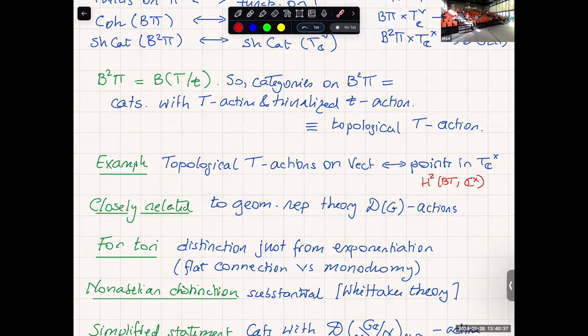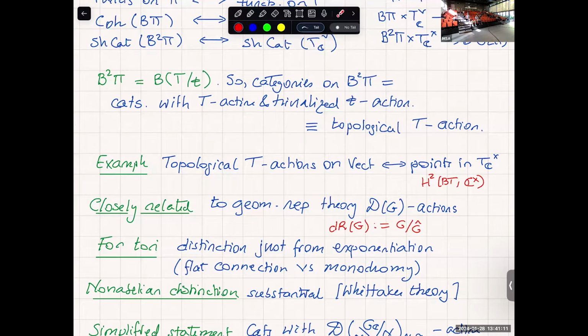This is closely related, I should say, to a notion that's been used a lot in geometric representation theory, where people use action of the tensor convolution category of D-modules, or some people like to write the de Rham stack of G, which is just G modulo the formal group, its normal subgroup. That is a group stack, and it's essentially the de Rham cohomology of G. So these two are formally equivalent, and they're closely related to this notion of topological action.